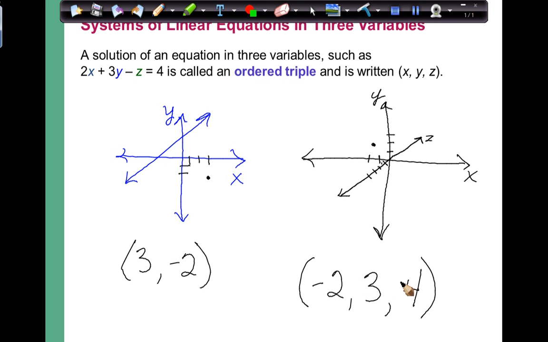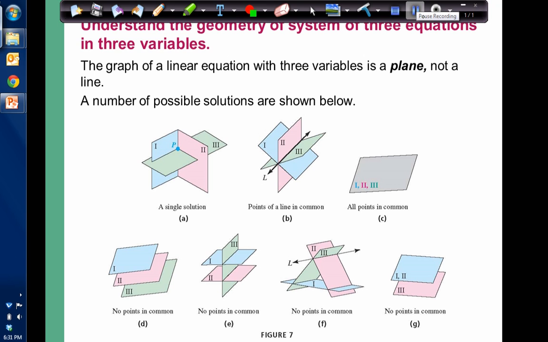Okay, so this is just introducing you to maybe a little bit of different stuff in geometry. Instead of 2 dimensions, we're going to be dealing with 3 dimensions in this lesson. Okay, check this out. These are some different scenarios of what can happen when planes intersect.